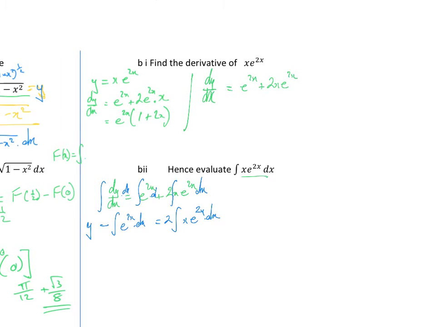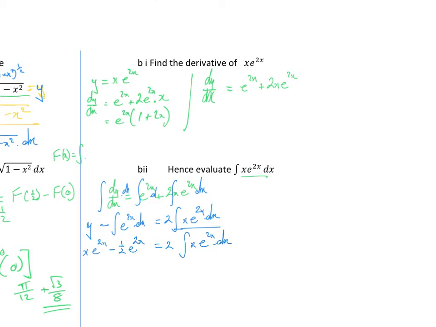I might leave the 2 over there for now. So there's the expression I'm looking for. What is y? Well, y was just x e to the 2x, subtract the antiderivative of e to the 2x, which is 1/2 e to the 2x. That's equal to 2 times the integral of x e to the 2x dx.